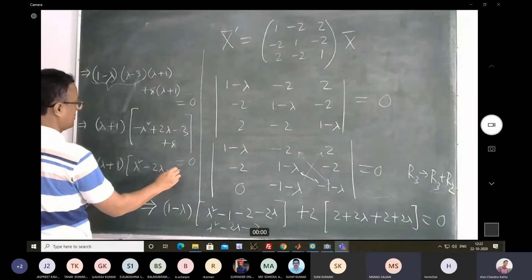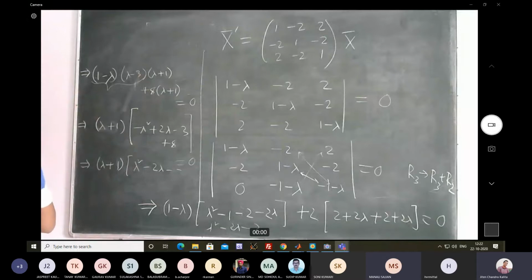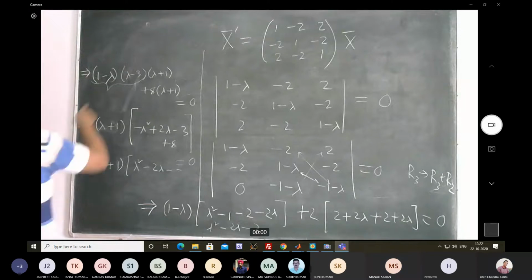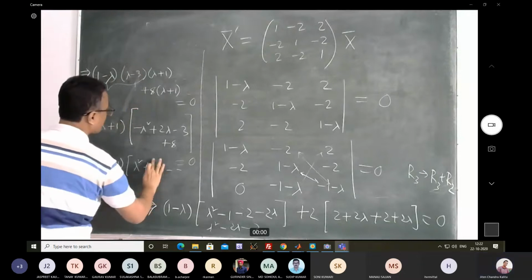That will be 4 lambda plus 3 lambda plus lambda. Just a minute. Minus 3. Yes, sir. That is minus lambda into minus 3. That is 4 lambda, sorry.